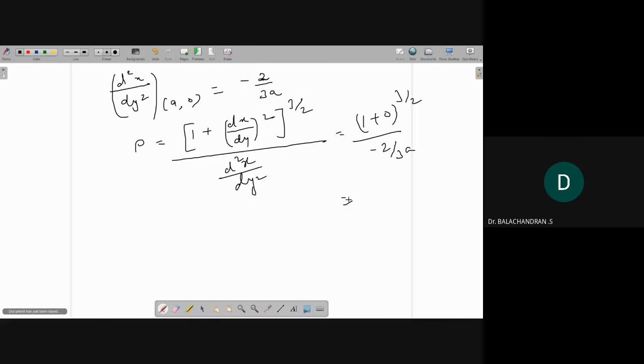The final answer is, I need a modulus of rho, is 3a by 2. This is the final answer. Okay.